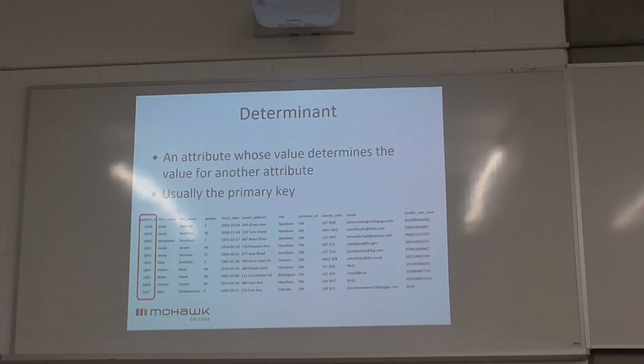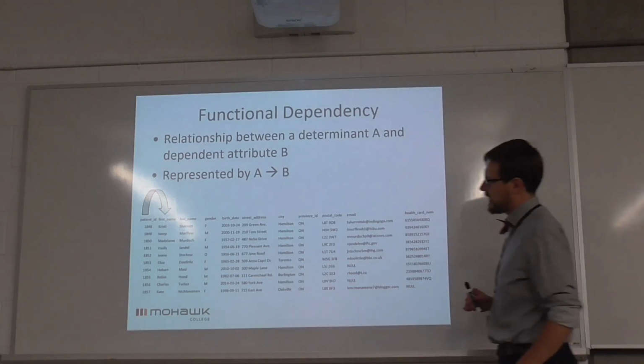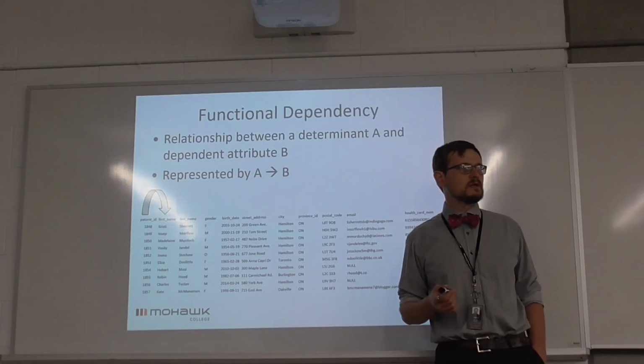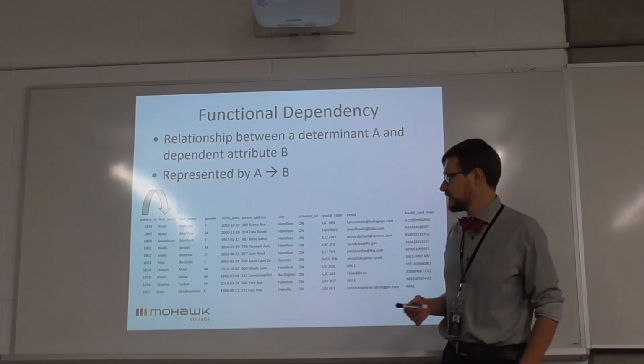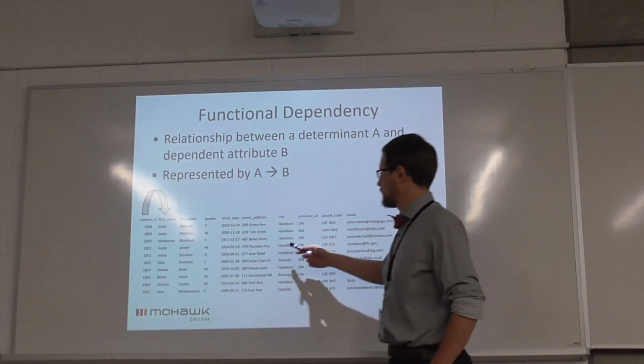Let's take a look at our data again. Actually, I think that's the only two. Those are the only two here, I think, unless somebody else wants to link something together. But name is composed of first name and last name.